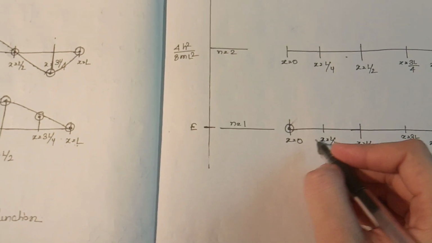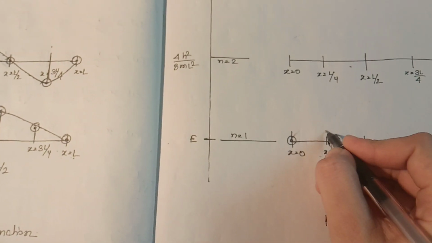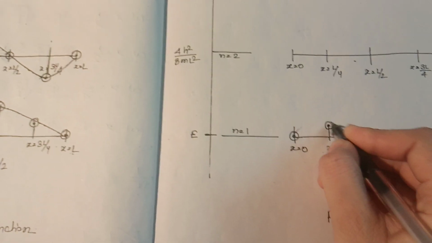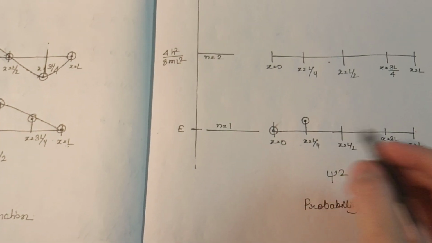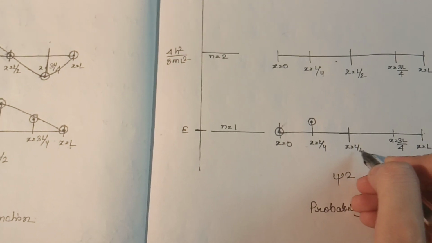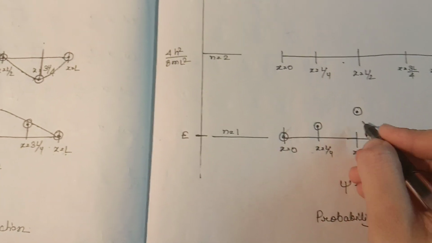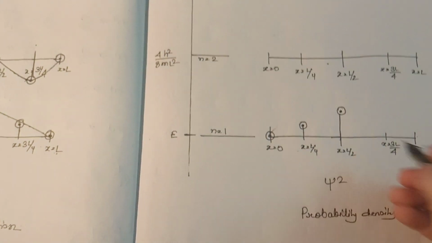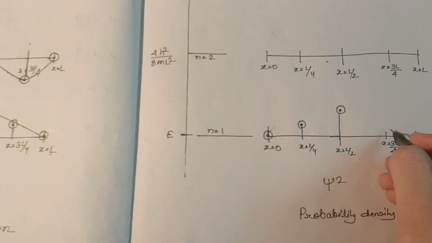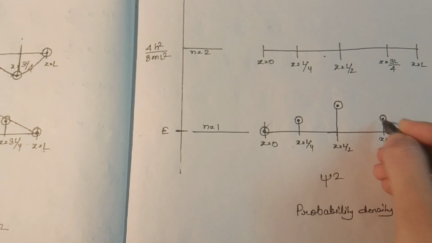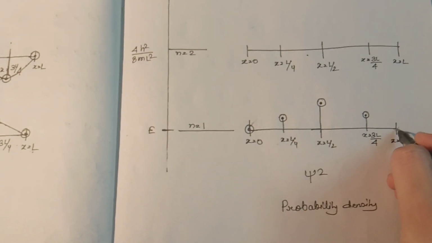At x is equal to L by 4th the value will be at a certain height, that is square root of 1 by L. At x is equal to L by 2 the value was square root of 2 by L, so it will be at a certain height we are considering here. And at 3L by 4 the value is repeated, and then again at 0 position.